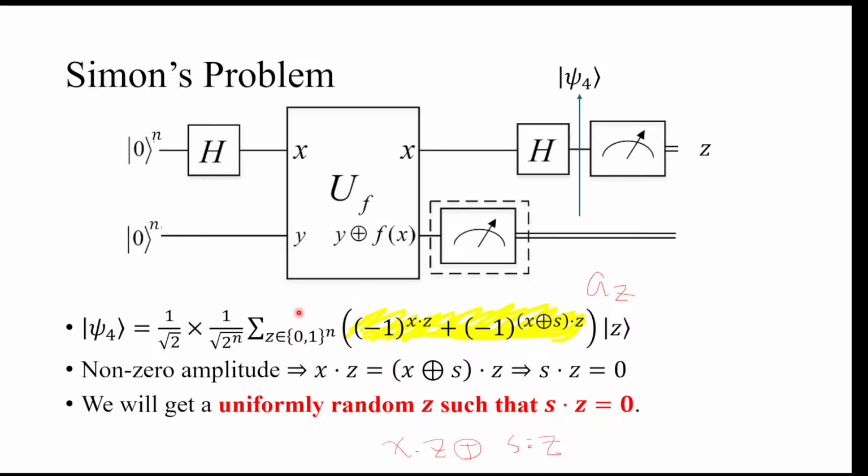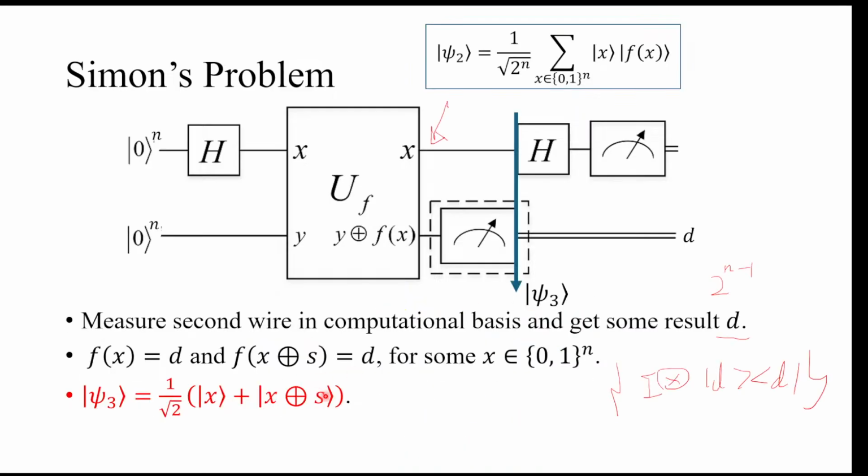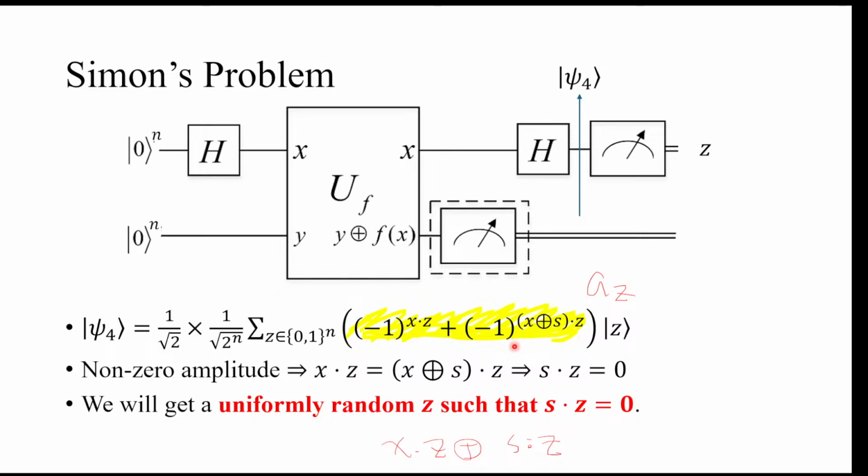So now we sum over another variable z, and we will have our phase being (-1)^(x·z) plus (-1)^((x+s)·z). So we have this coefficient in front of z, and this term is plus or minus 1, and this term is plus or minus 1.